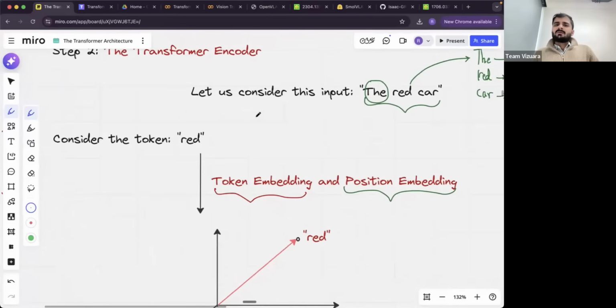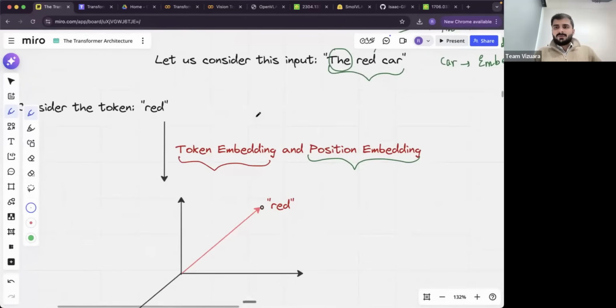Okay, so far what we have seen is that in the first step of the transformer encoder, every single token in the sequence is given an embedding, which talks about the semantic information of the token. This embedding consists of token embedding and position embedding.